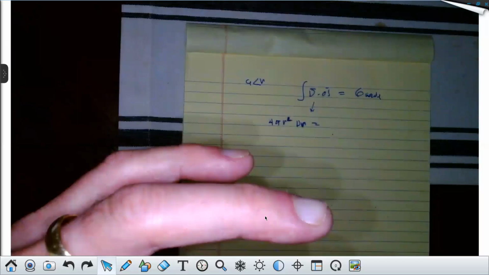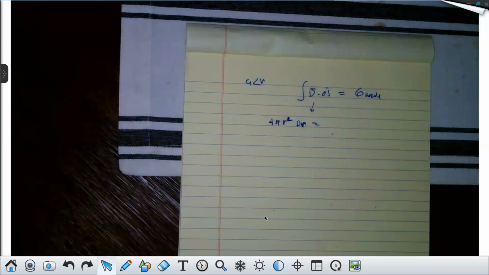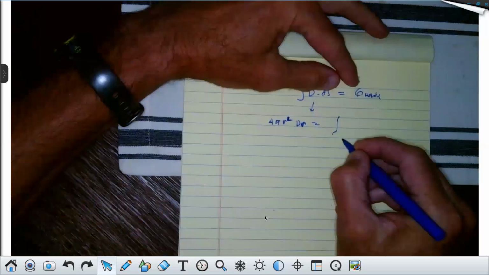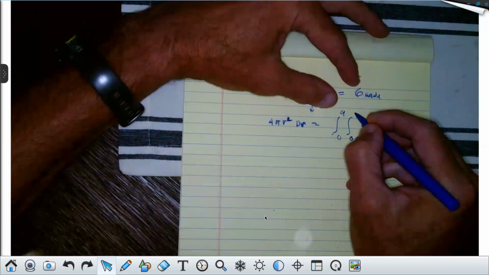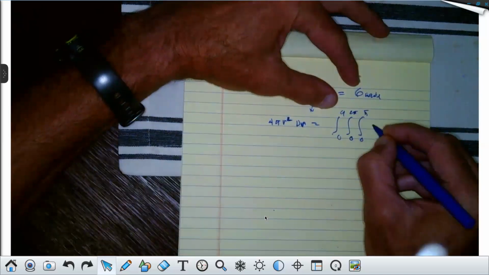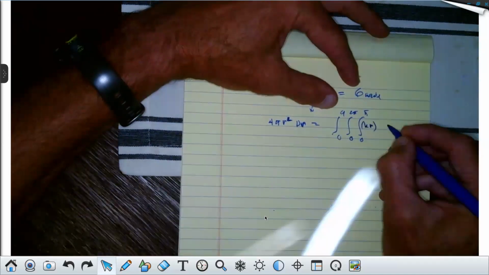And it would be times dr. So this is 4 pi r squared times dr. And that's equal to the charge inside. Now, we're at a distance greater than a, so basically all the charge will be inside there. Follow me? If you're greater than a, the charge density only exists up to a, and it's 0 after that, right? So now I say it's going to be the integral from 0 to a, the integral from 0 to 2 pi, and the integral from 0 to pi. And here, you're going to have the charge density, which is k times r. I'm rewriting this, but I'll get to the gist of it.